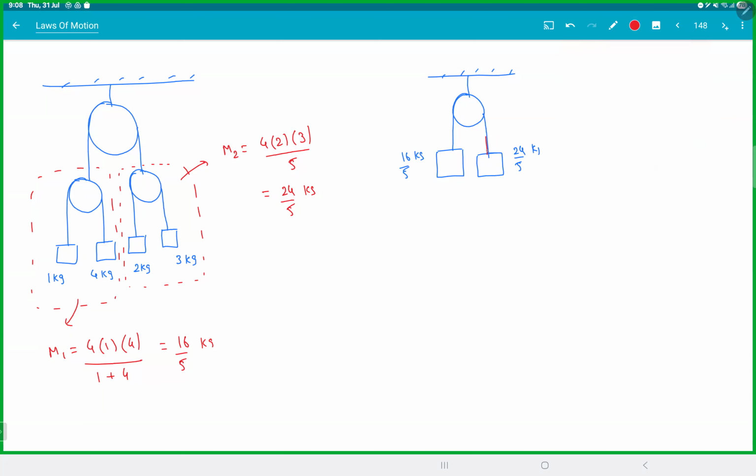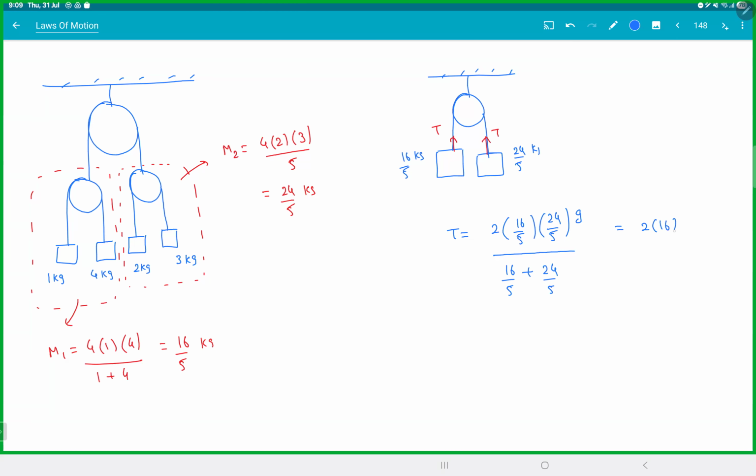I'm actually more interested in finding the tension. You will see why. What is the tension for an Atwood machine? 2 M1 M2 by M1 plus M2, times G. So 2 M1 M2 by M1 plus M2, 16 by 5 plus 24 by 5. Bottom becomes 40 by 5, so 8.